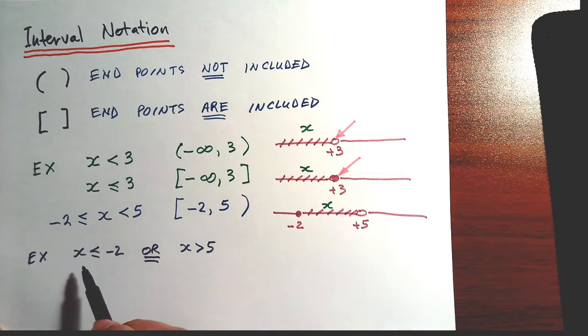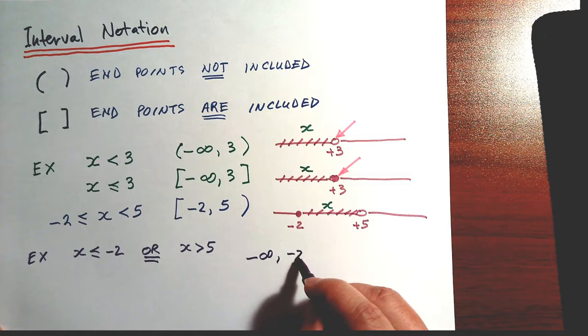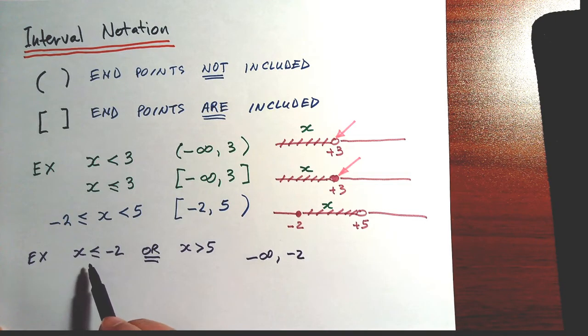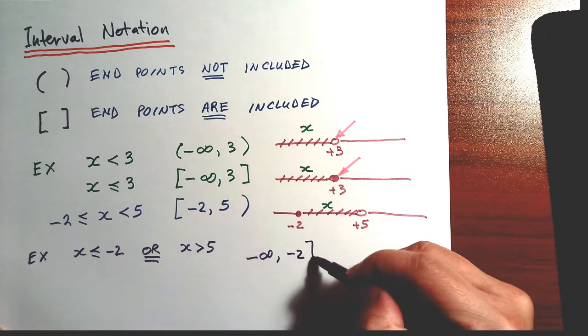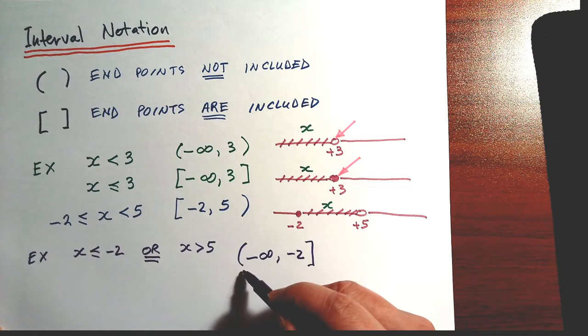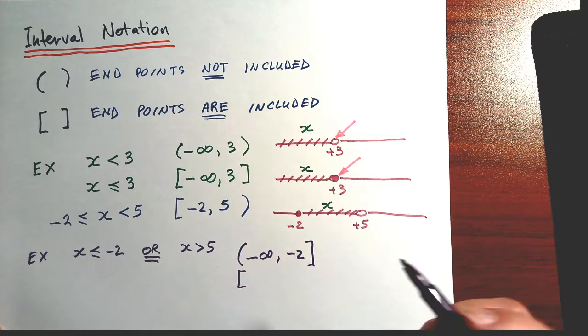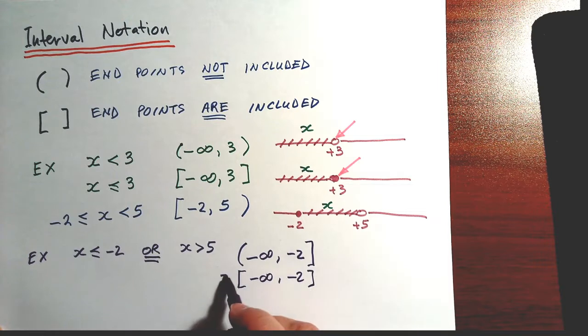For this case, we have to say minus infinity to -2. It is inclusive of -2, so we use square brackets, and then rounded or square is the same when you're talking about infinity. You can either write this or this. They're equivalent.